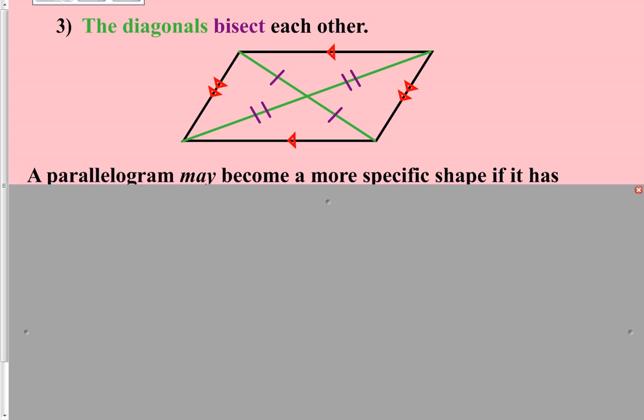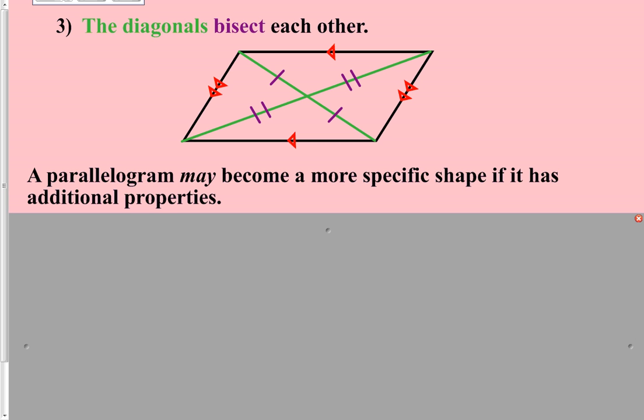Okay, now our parallelograms, which is what we've been talking about exclusively so far, may actually be a more specific type of shape if we can find additional properties to go along with the ones that we've already talked about. So we've already got both sets of opposite sides parallel, both sets of opposite sides congruent, both sets of opposite angles congruent, and our diagonals bisect each other.